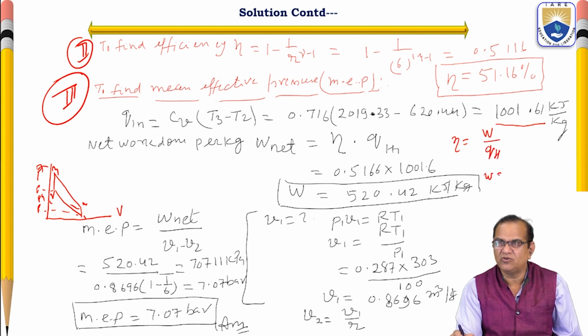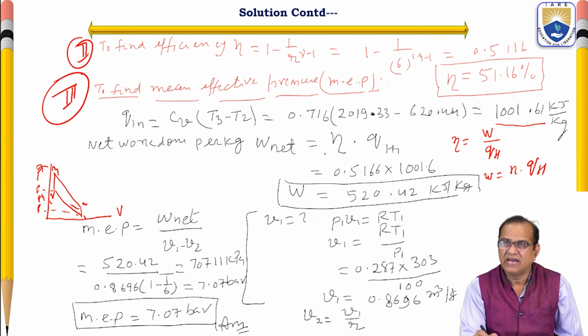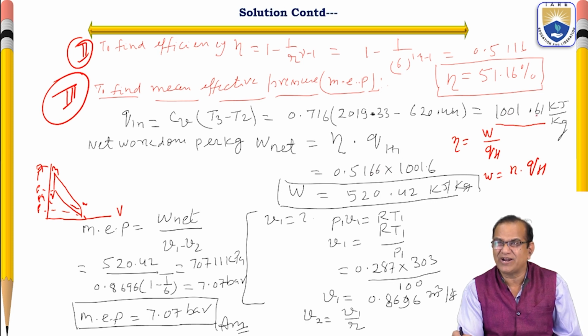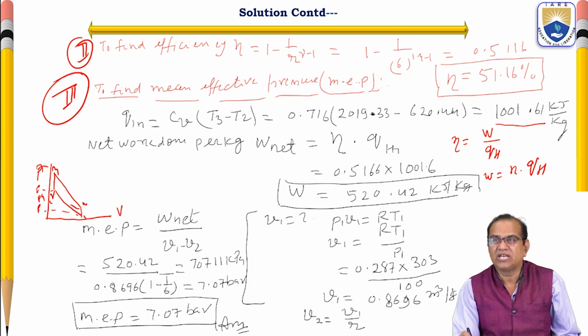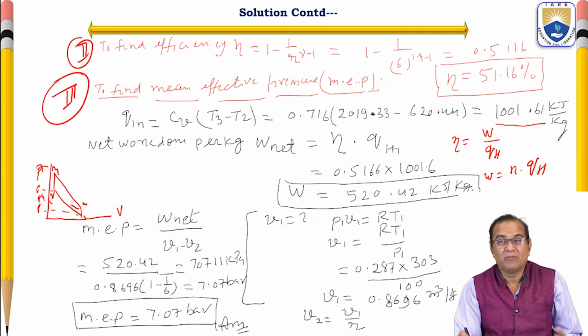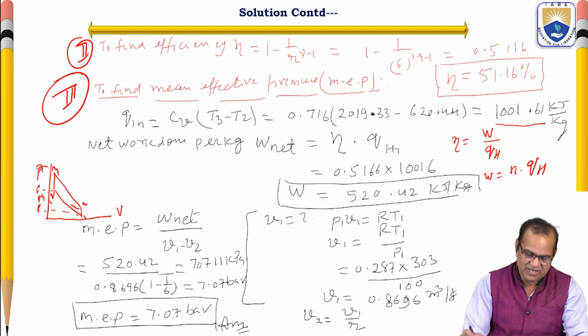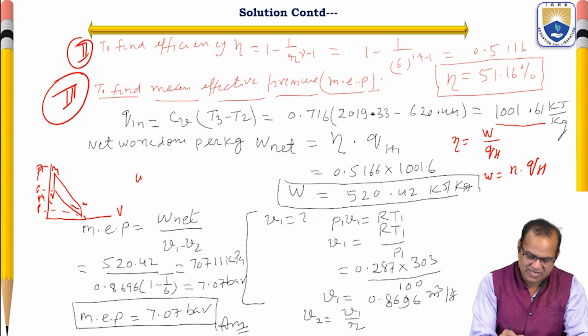So W is equal to eta into QH. Here we have eta as 0.5166 into QH, 1001.61. So we got the work done equal to 520.42 kilojoule per kg. But we know that work done is equal to mean effective pressure into dV.